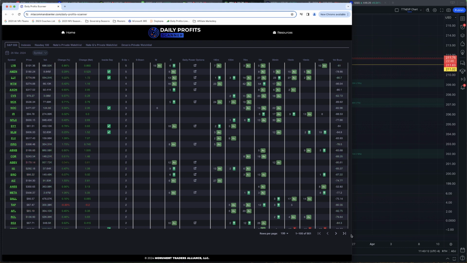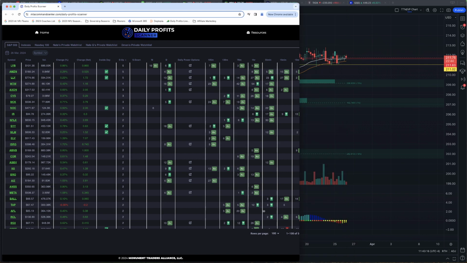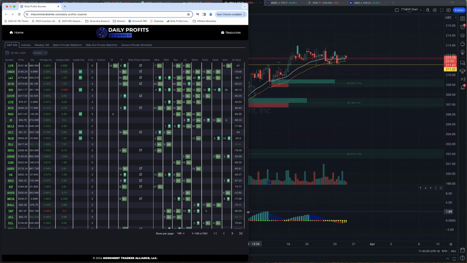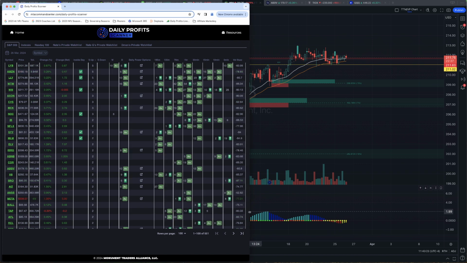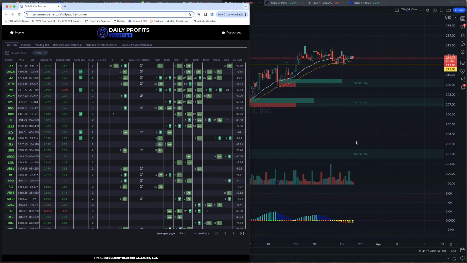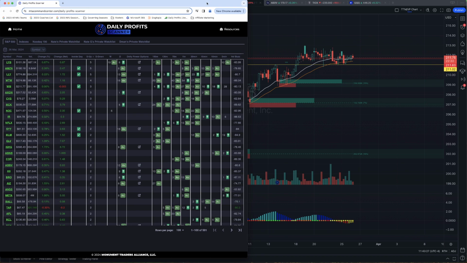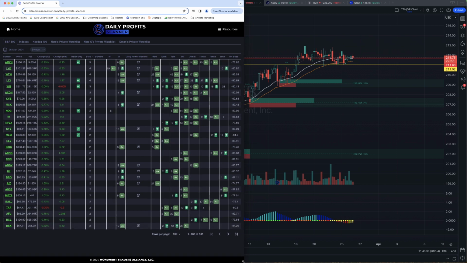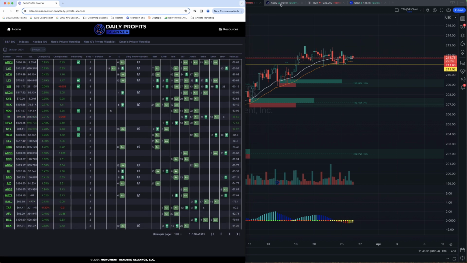And then we can take a look at a few of these. What I wish I could do was make this easier, so we can look at charts and see the watch list at the same time.